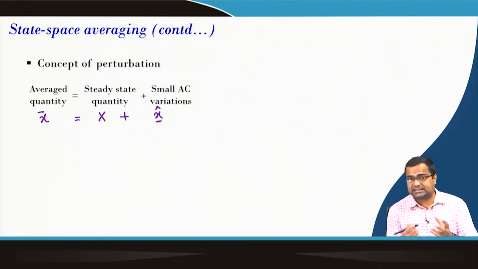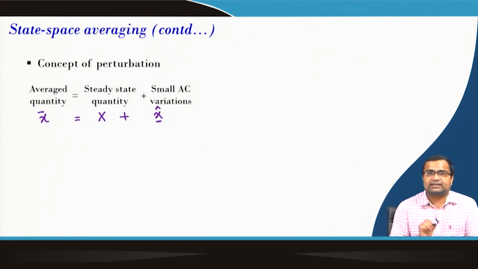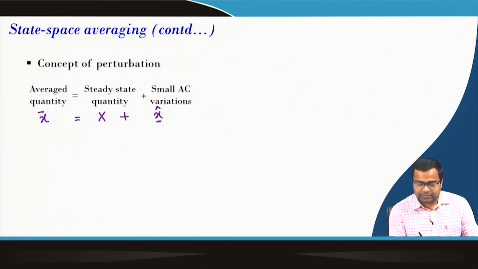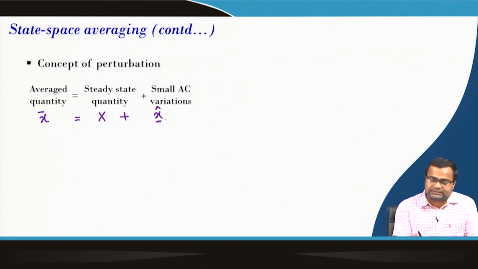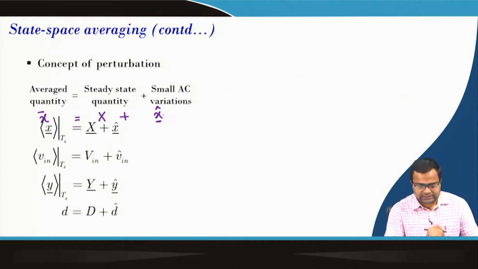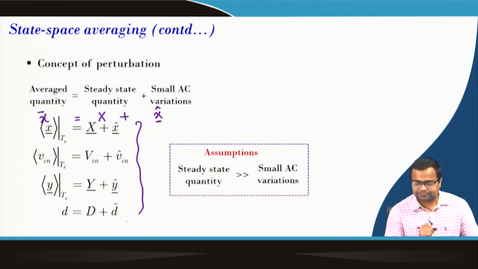It can be AC excitation, it can be step excitation. In frequency response we assume x hat is the injected sinusoidal signal, and we want to get the approximate linear model. So, all this notation is represented here.